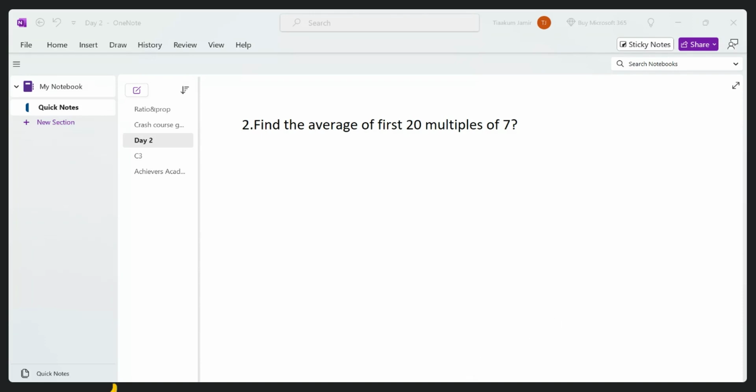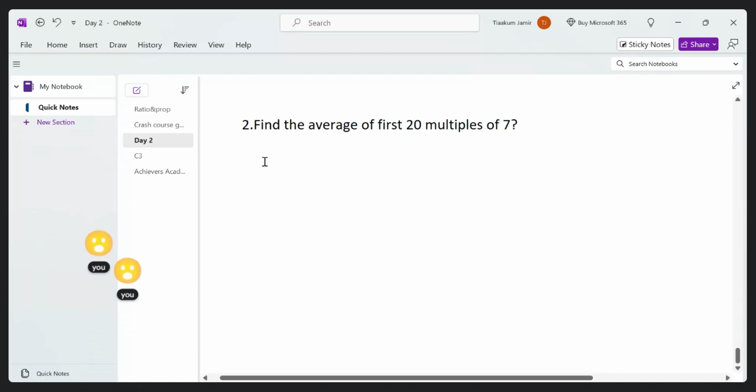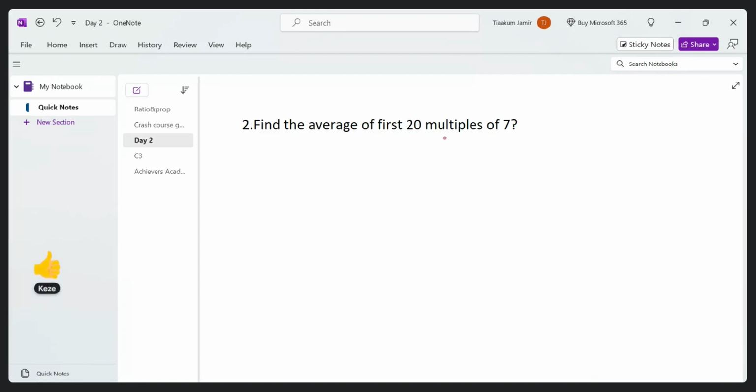So let's try more. Now we know first 20 multiples of 7. That means 20 numbers, 1, 2, 3, 4 going until 20.